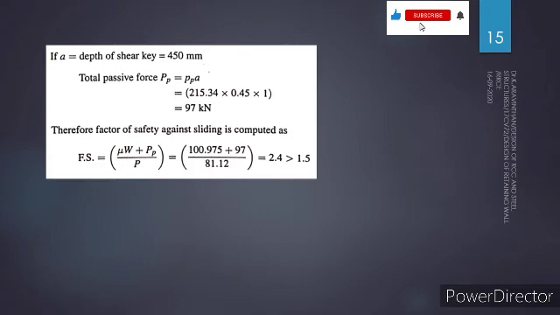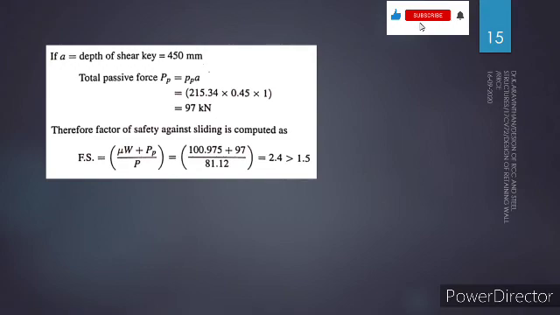That is the passive earth pressure. We already have 100.975 force. If you add 97 force, which is the passive earth pressure, how you got 0.45 is we are adding a structure known as a shear key. The depth of shear key provided is 0.45. Hence, after providing this depth, we got a passive force which is resisting the structure.